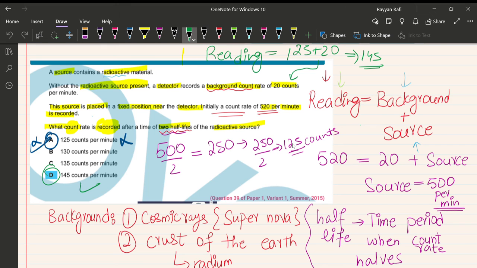So in this case, background count is indirectly measured to eliminate the systematic error in this experiment, so that we can get the original value of the count rate of the radioactive source. Thank you.